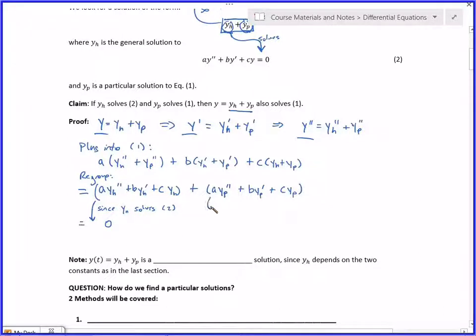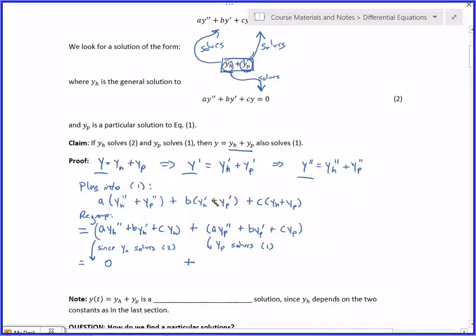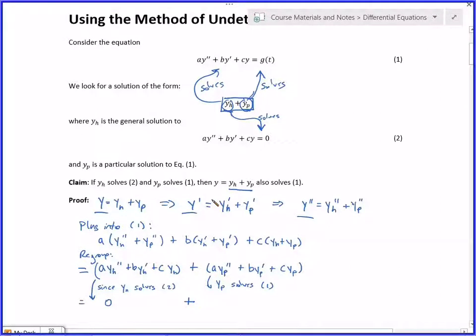And down here, what is this equal to if YP solves equation 1? Again, what does this whole thing now equal if YP is a solution to equation 1?